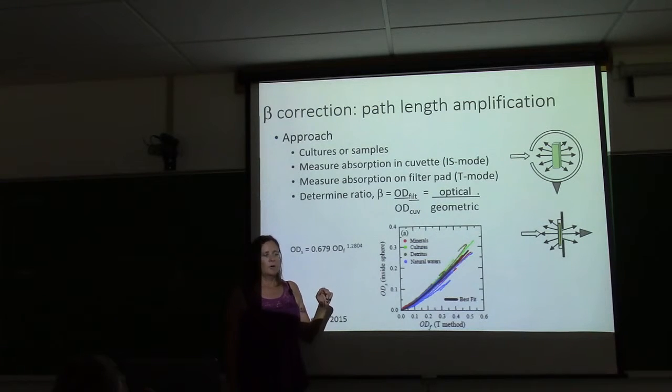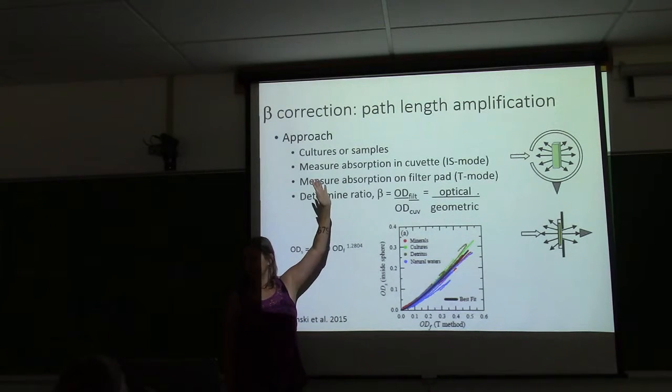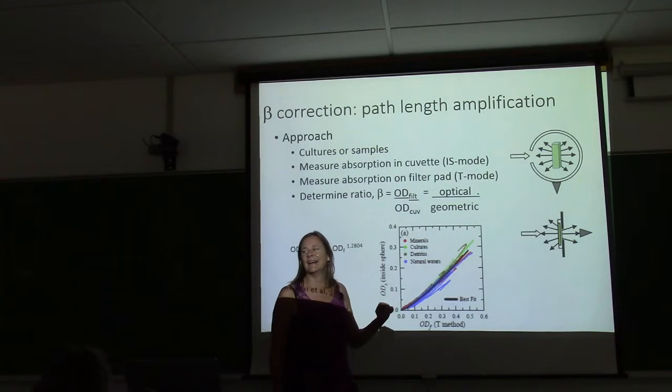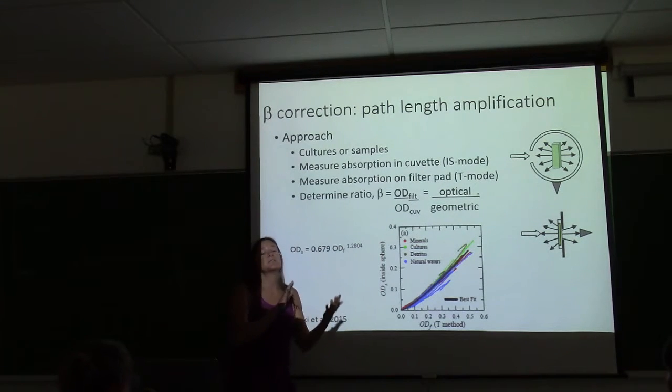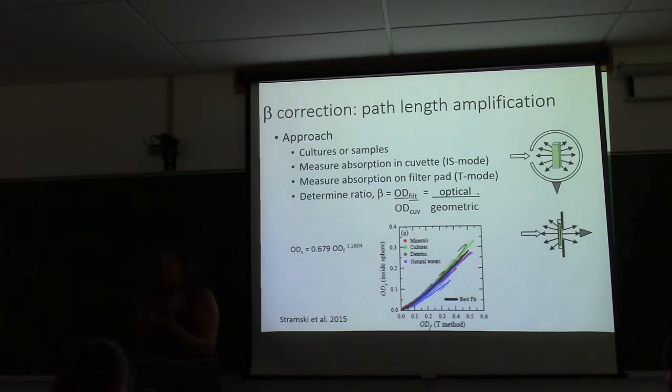But whoever wants to do that job should raise their hand to go back and redo all of CBAS, right? So in the absence of doing that, which some people actually are going to do, but in the meantime, it's really important to understand the uncertainty in your measured absorption based upon different betas. And so that's one of the exercises you'll be doing today, is seeing, is it a factor of 2?